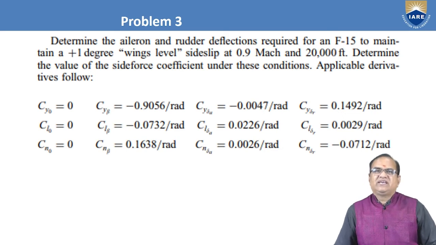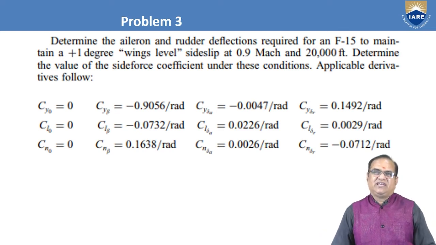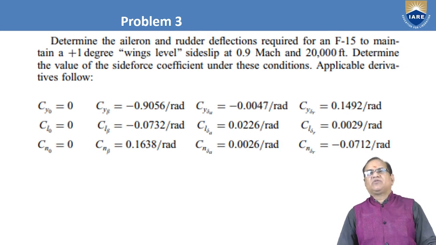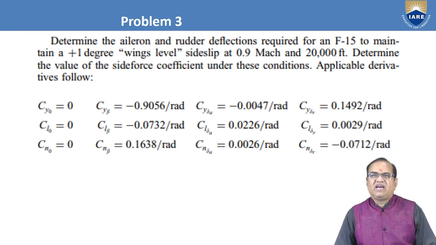So here Cy naught is equal to 0. Cy beta is the coefficient of force in y direction, and it is mostly applicable to lateral and directional static stability. Cy beta is equal to minus 0.9056 per radian. Cy delta A is equal to minus 0.0047 per radian, and Cy delta R.